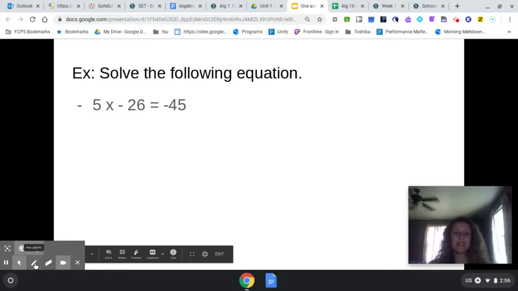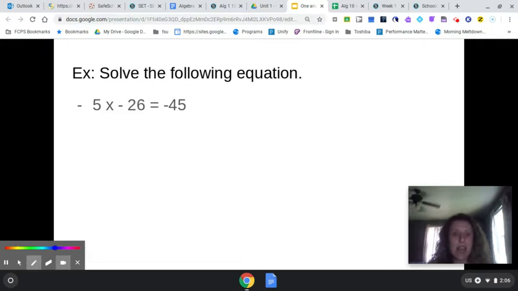All right, the last example that we're going to take a look at together says -5x minus 26 is equal to -45. The first opposite operation that I'm going to take care of, I see minus 26.